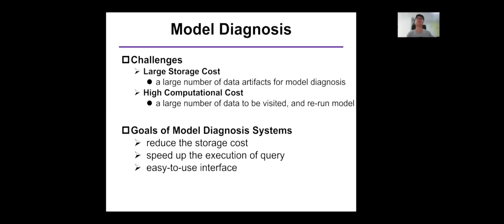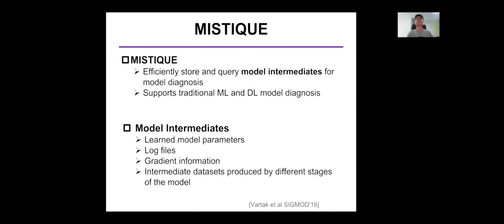So the model diagnosis needs to check many parameters, which results in large storage cost and high computational cost. So our goal is to reduce the storage cost, to speed up the diagnosis query, and to provide an easy-to-use interface.